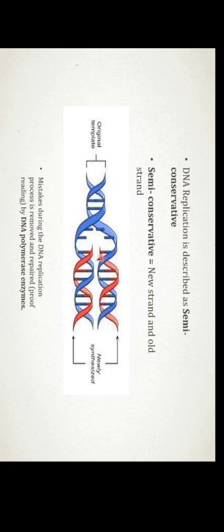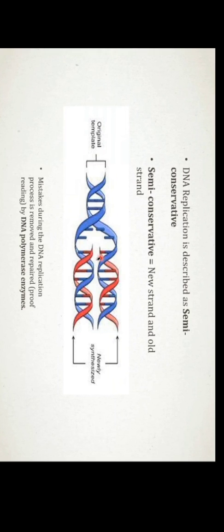So these are the strands that were made by your DNA polymerases, and that is why DNA replication is described as semi-conservative. That is because the new DNA is composed of the new strand and the old strand. Okay.